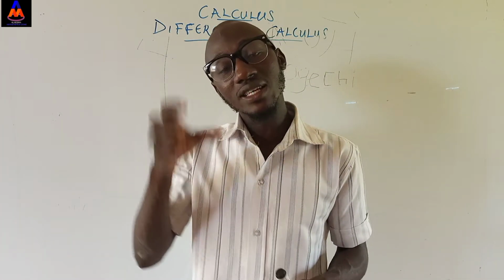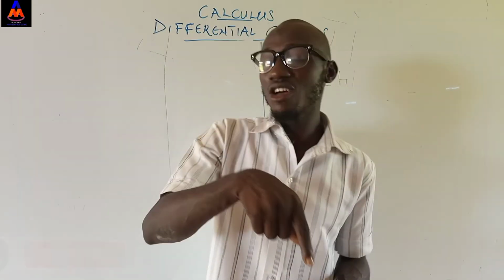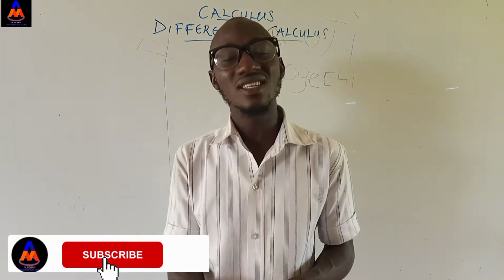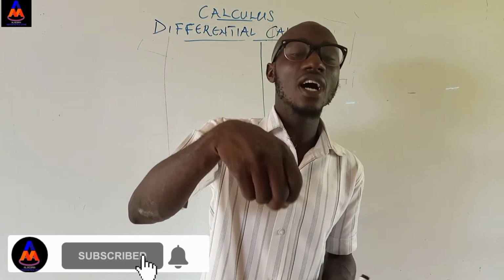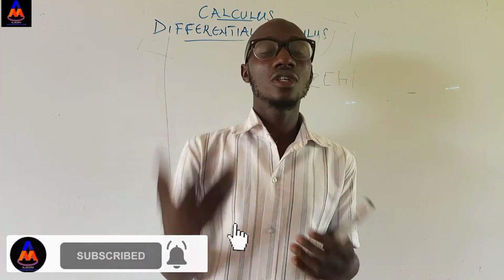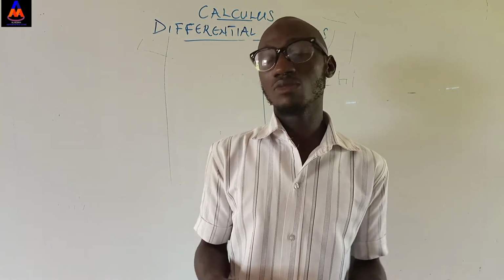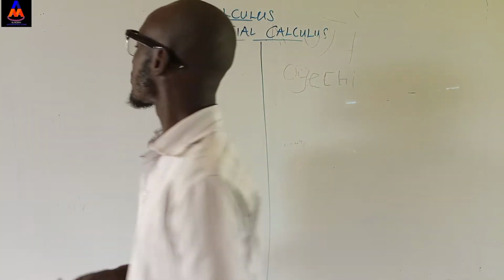And that straight line, which is the tangent to that parabolic curve, will be used to calculate the gradient of that parabolic curve. Let me try to bring what I'm saying into reality.